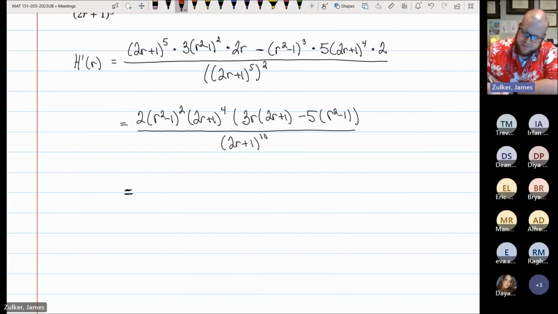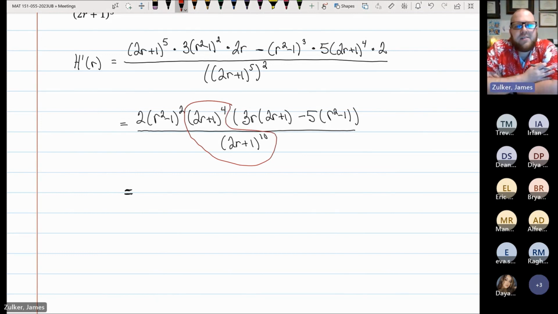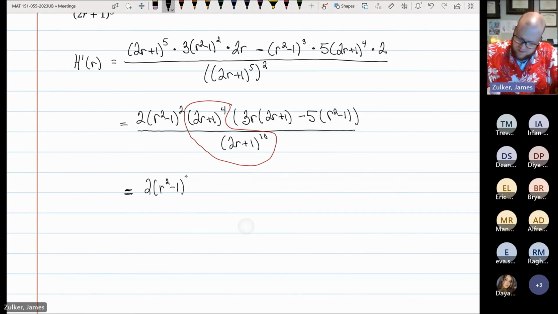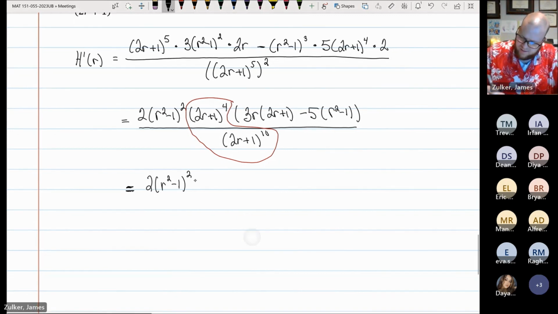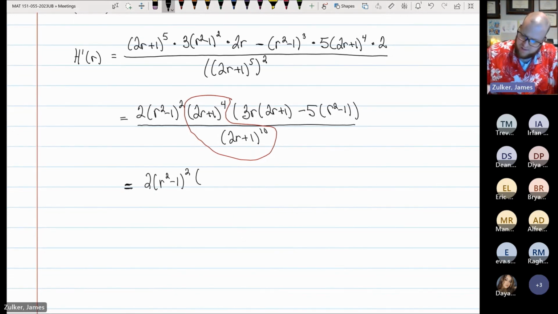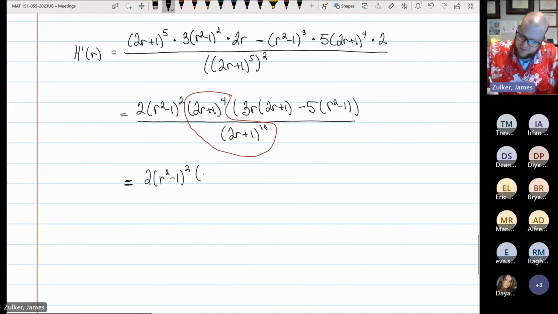Well, looky here. They simplify. It's going to have a 6r squared minus 5r squared. So that's just r squared, right?